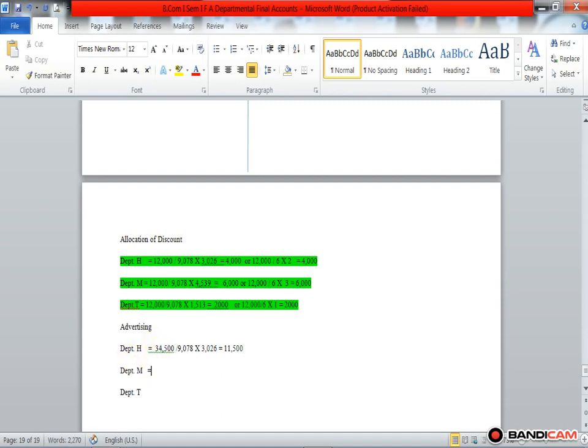Then 34,500 divided by 9,078 multiplied by 4,539 is equal to 17,250, and department T is equal to 34,500 divided by 9,078 multiplied by 1,513 is equal to 5,750.